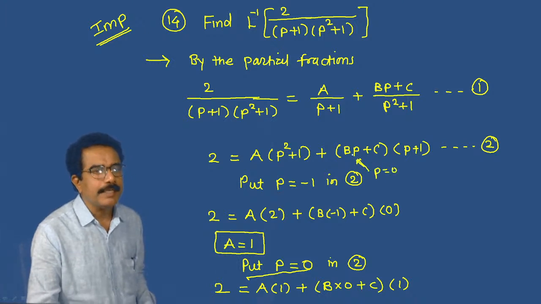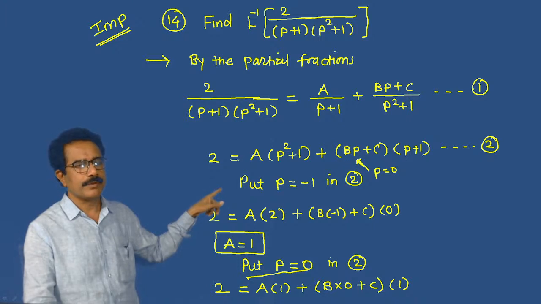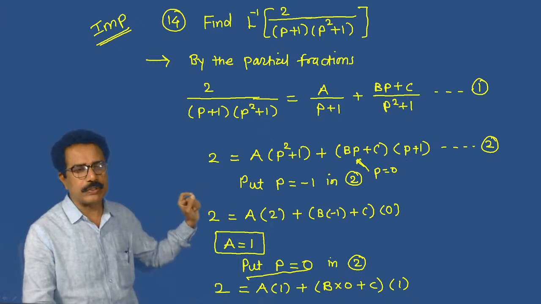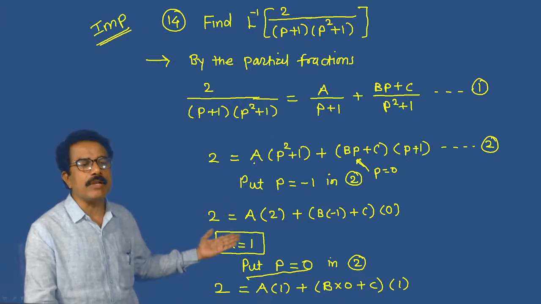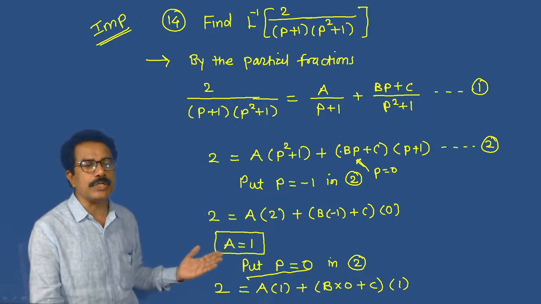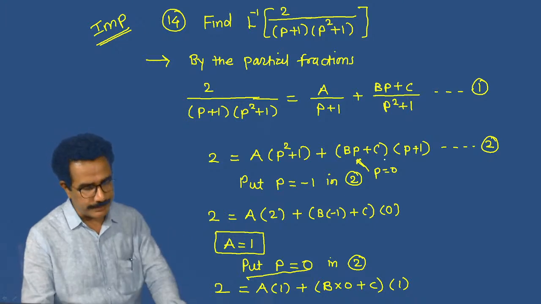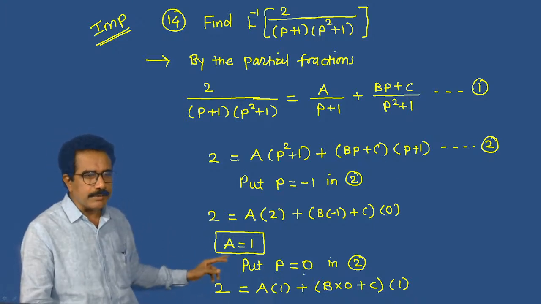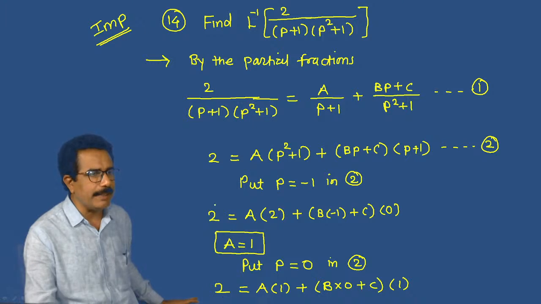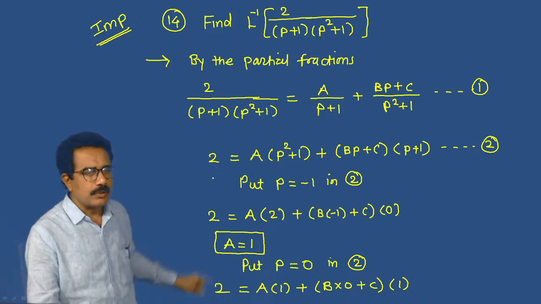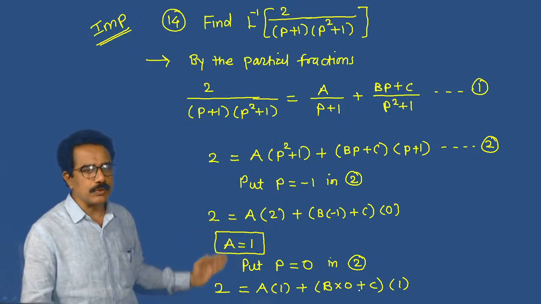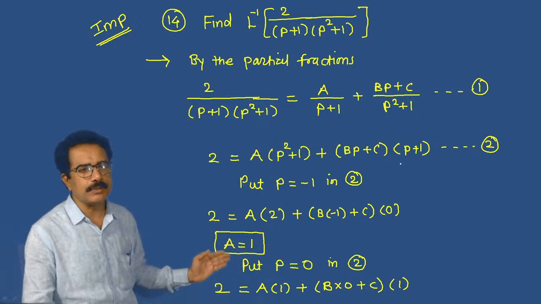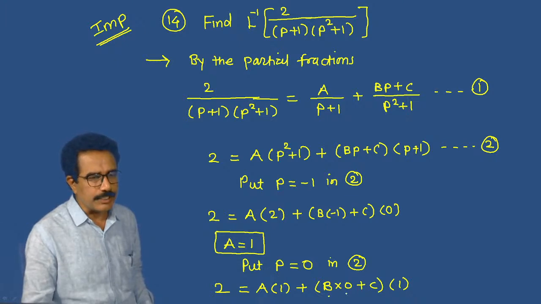Again, if we put p is equals to 0, then b goes to 0. We have already calculated a. Then by using this value of a, b converts into 0 and we can find the value of c. So if we put p is equals to 0, in equation 2, 2 is equals to a into 1 plus b into 0 plus c into p plus 1, means again p goes to 0.